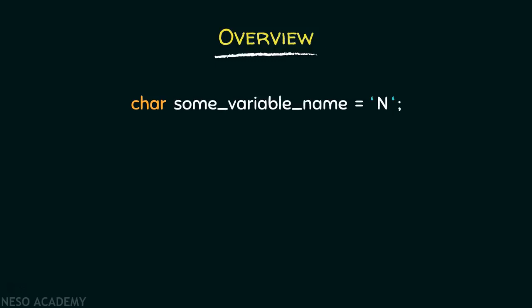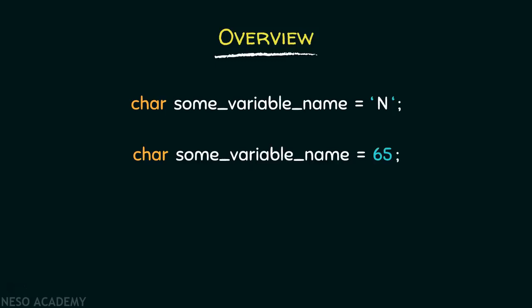Now it is also not necessary to provide only characters to these variables. You can also assign integer values to them. For example, in this variable name, I have provided a value 65. Now this value acts like a character when we print it out.